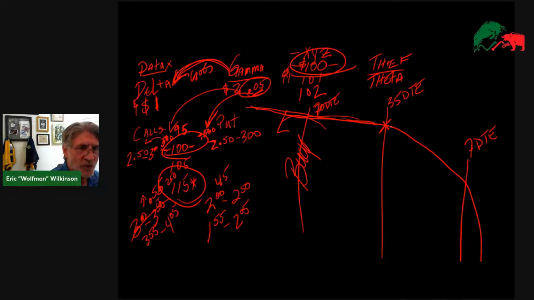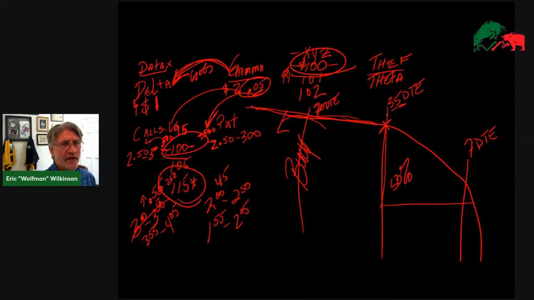35 days to expiration, we really see this drop. As a matter of fact, we will see like a 50% drop in your premiums between 35 days to expiration and 7 days to expiration, right? So if you got in here, just from theta you should erode about 50% of those premiums in that next 28 days or something.